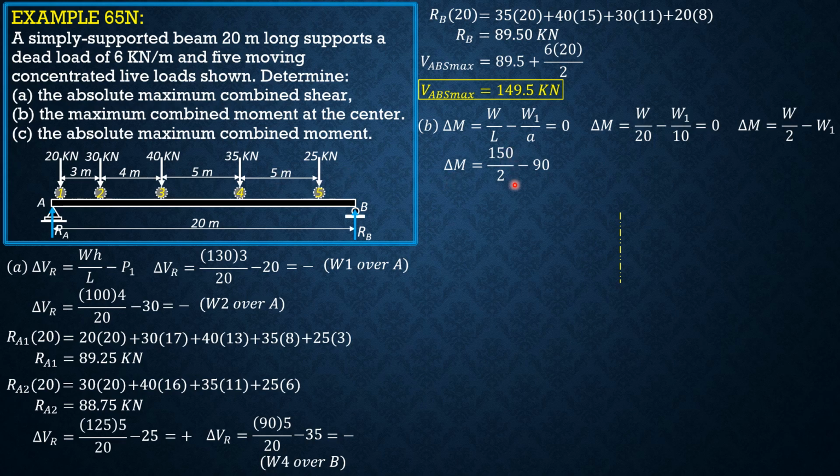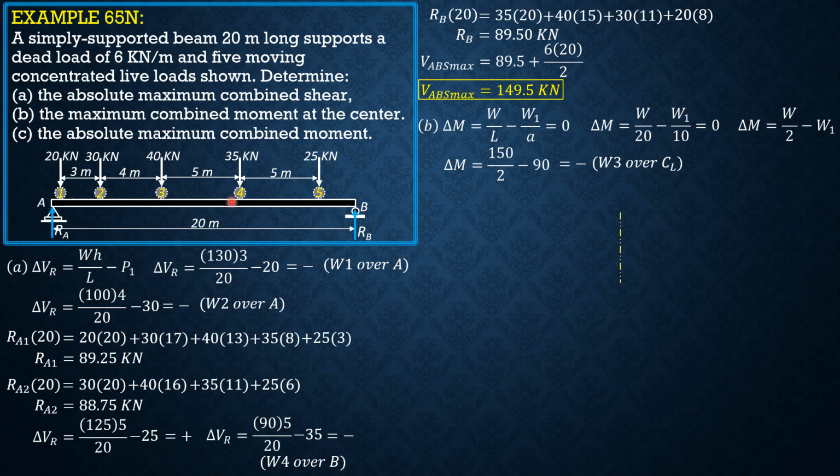So 150 over 2 minus 90, where 90, because load 3 is just to the left of the center line, so it is part of W1. So 20 plus 30, 50 plus 40, 90. So it is negative. So that means load 3 over the center line satisfies the criterion.